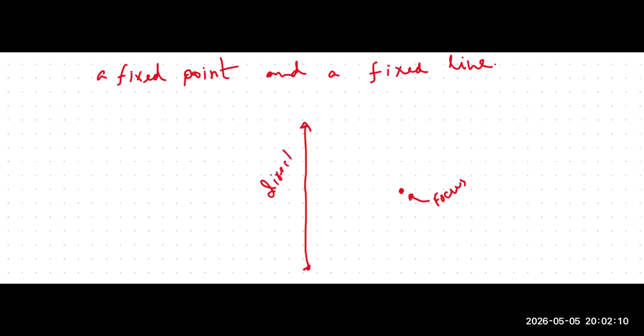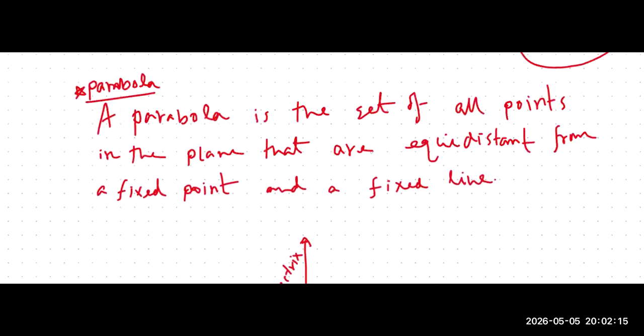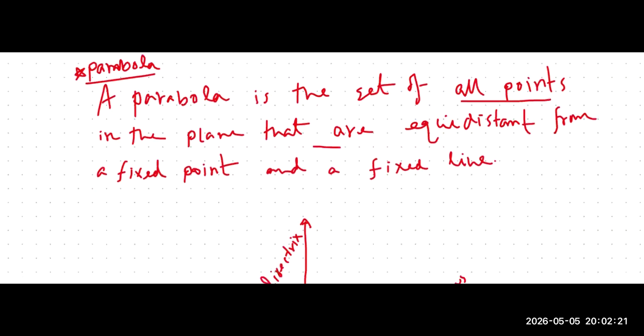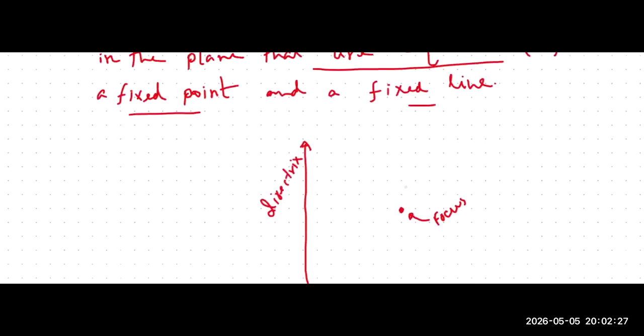According to the definition, a parabola is the set of all points in the plane that are equidistant from the fixed point and the fixed line. So all of the points that are equidistant from this fixed focus and the directrix, that set of all points are in our parabola.